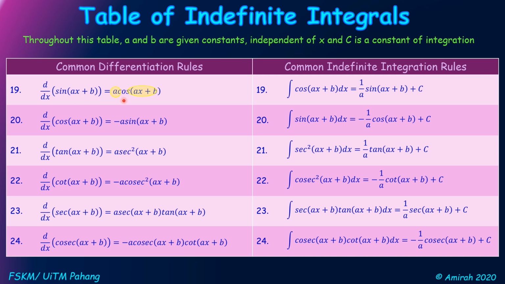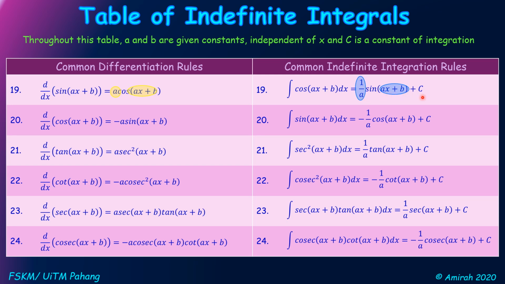When we differentiate sine of ax plus b, where ax plus b is linear, we must multiply by a, the constant a, in front here. But when we integrate cos and the angle is the linear function ax plus b, we have sine of ax plus b, and in front we must multiply by 1 over a. a here means the coefficient of x.